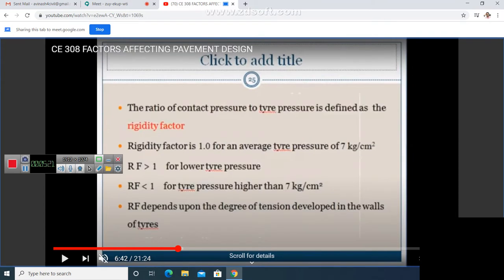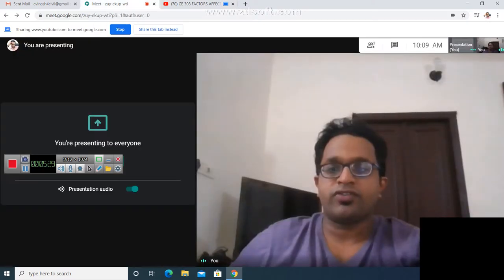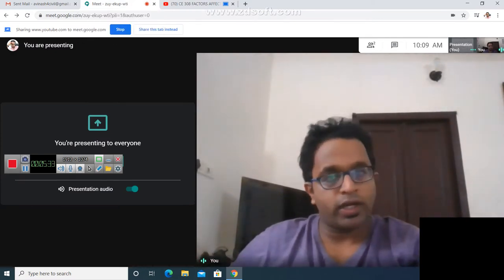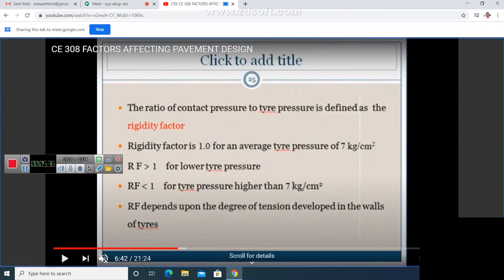The ratio of contact pressure to tire pressure is defined as the rigidity factor. If the tire pressure is 7 kilogram per centimeter square, the rigidity factor is 1.